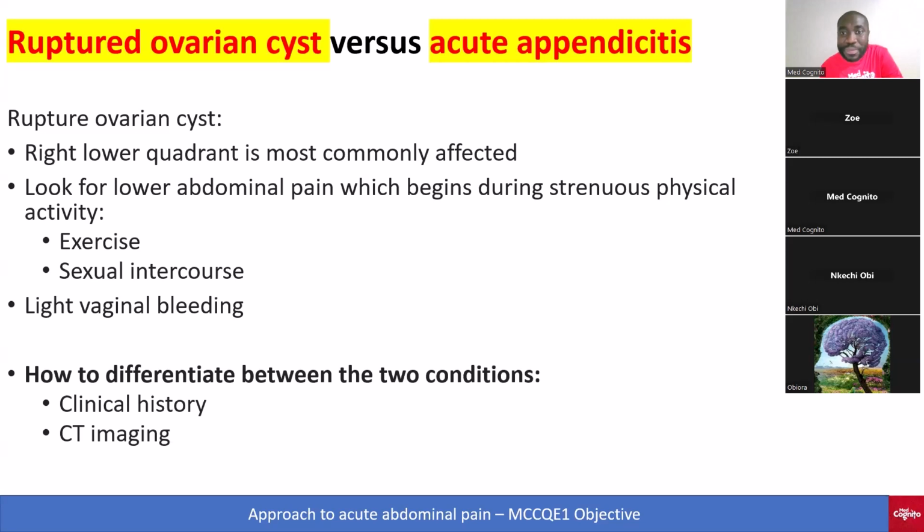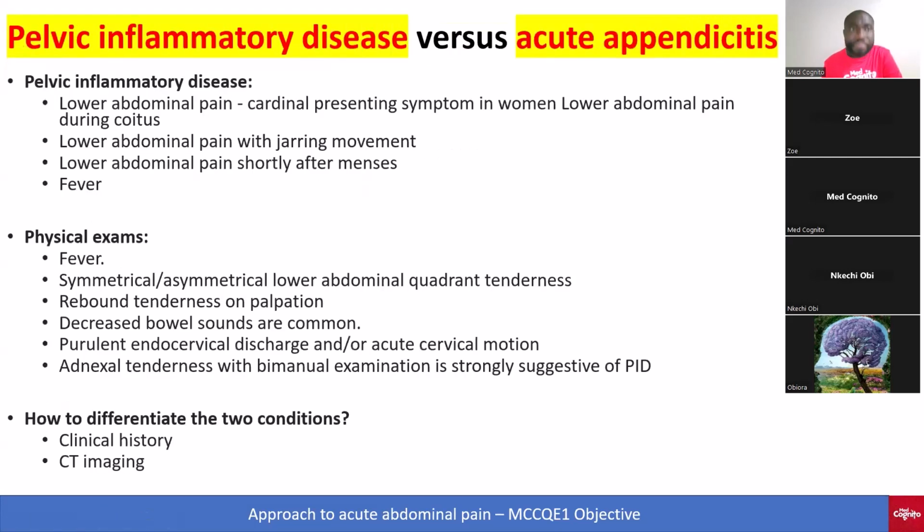Please, doctor, it's not very clear for me between PID and tubal ovarian abscess. Sure. Thank you. Both tubal ovarian abscess and PID will present with vaginal discharge, right? And don't forget that PID and tubal ovarian abscess are on a spectrum. So the patient develops PID, and if it is not addressed, it complicates to tubal ovarian abscess, right?